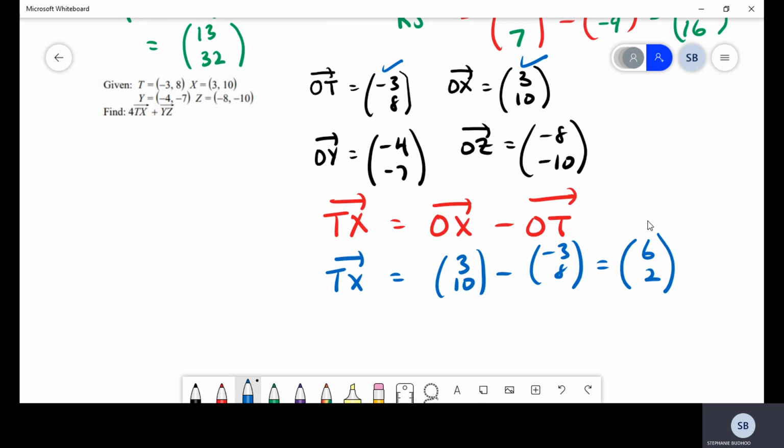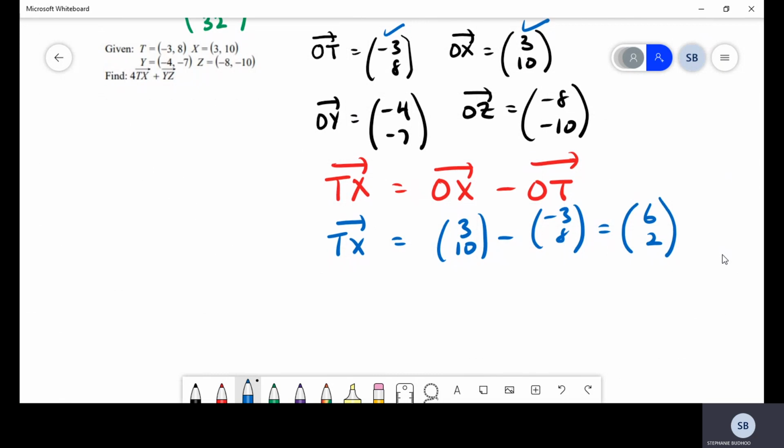And if I can possibly fit this on screen, let's go one shot up and work out YZ. YZ is simply broken up into OZ subtract OY. I hope you guys are picking up a pattern here. When you are splitting a vector that has two definitive points, one of which is not O, you just split it up into two position vectors, and it's always the second minus the first, so Z minus Y, and you just write O's in front.